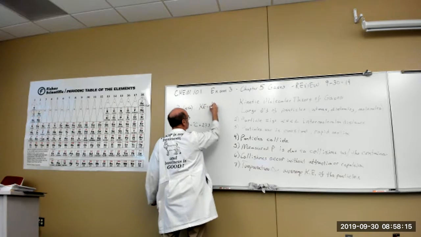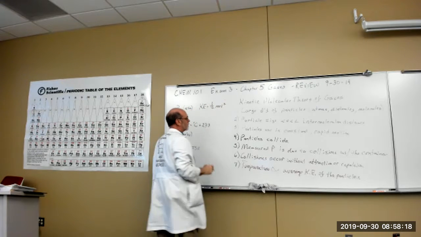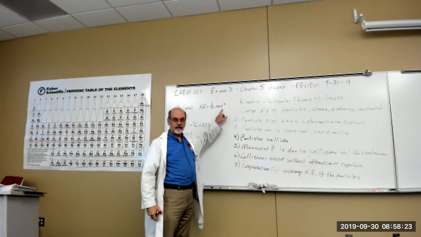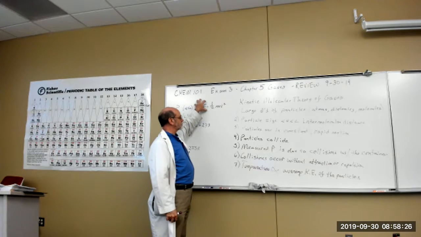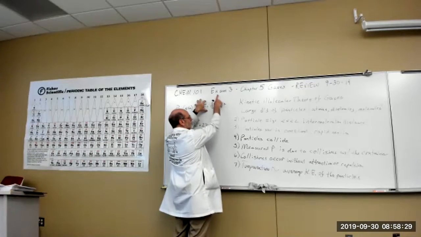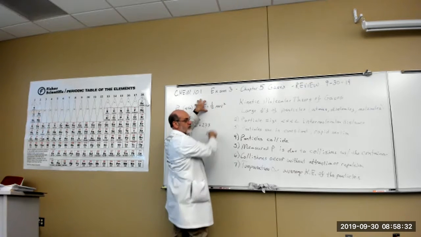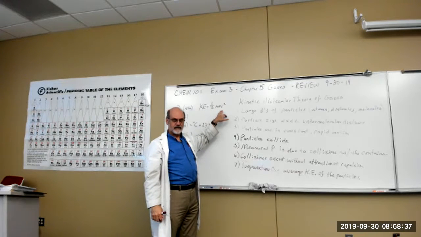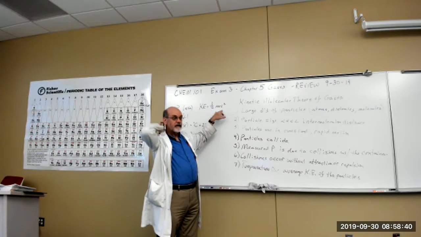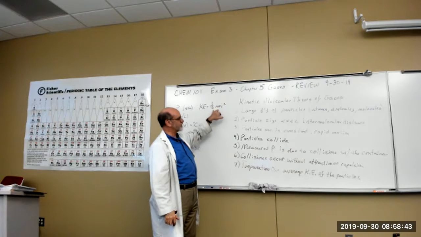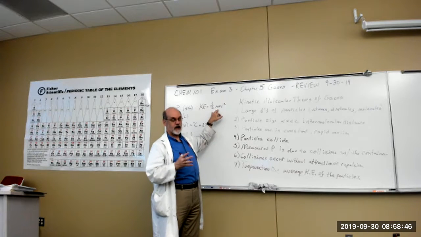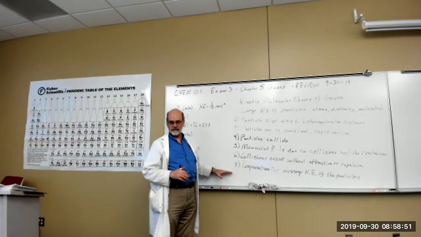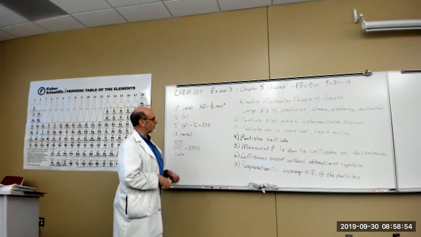Kinetic energy is equal to this for individual particles, 1/2 times their mass times their velocity squared. So if the kinetic energy is constant and the mass increases, what happens to the velocity? Decreases, right? It's a product. This one times that one is a constant, right? So like I said before, with Boyle's law, one goes up, the other one has to go down. So if the mass increases on the introduced gas, but the temperature is constant, then the velocity has to go down. But the kinetic energy remains constant. Okay?